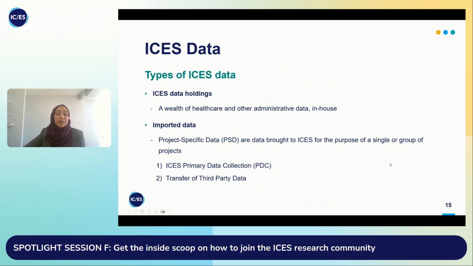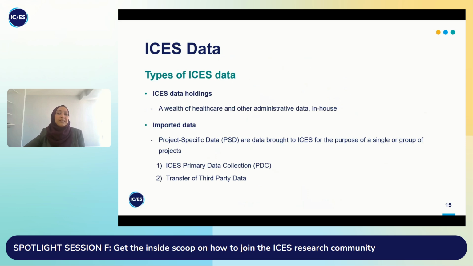And so at ICES, we have a few different types of data. We have our ICES data holdings, which are primarily our administrative data that we have in-house. And most of these data sets are available for use for all projects. However, some of them also require special permission to use. We also have imported data that we refer to as project-specific data, and these require data sharing agreements before we can bring in the data and actually use it.